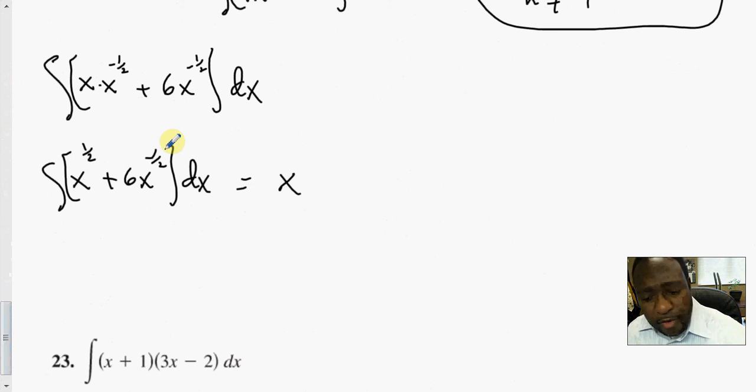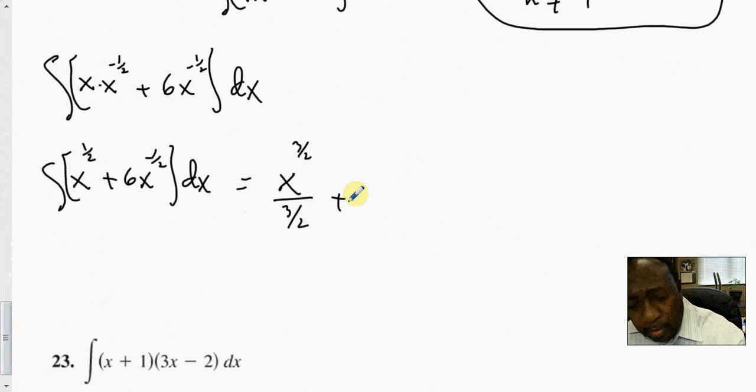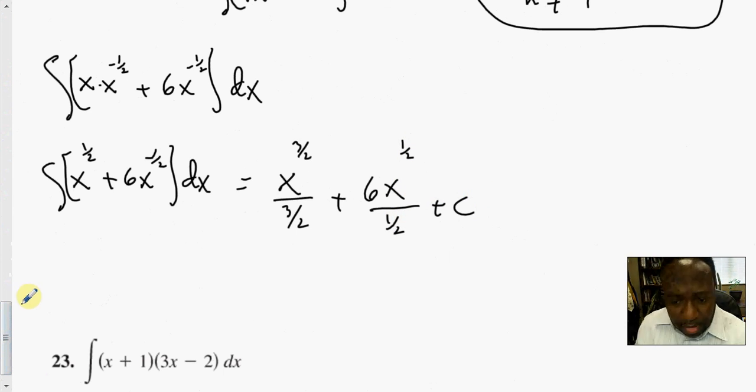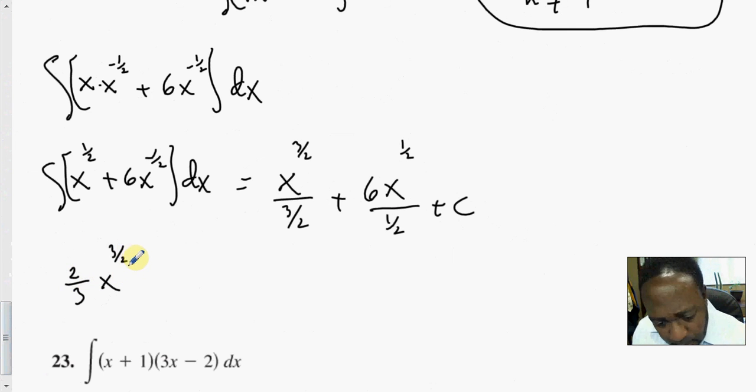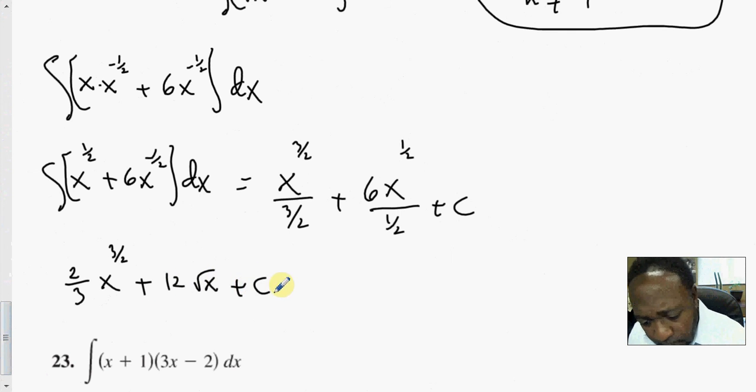This is x to the 1/2 plus 1, x to the 3/2 power, divided by 3/2, plus 6 times x to the negative 1/2 plus 1, raised to the 1/2, divided by 1/2, plus the constant. And we can write our answer: 2/3 times x to the 3/2 plus 12 times the square root of x plus c.